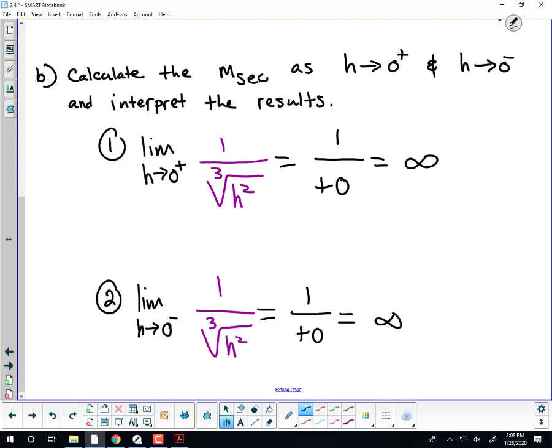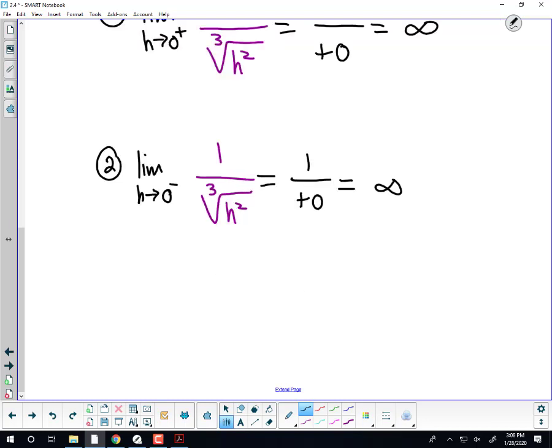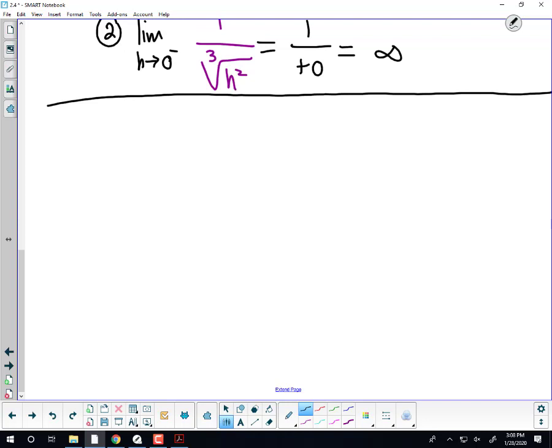This is a secant line. We're computing a limit on the secant line. So this is telling us what the slope of the tangent line is on this function x to the 1/3. So I'll just rewrite this here. This applies to this example, but it's general, so it applies to any example.